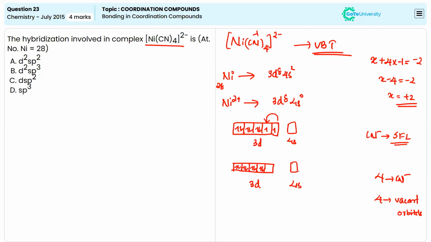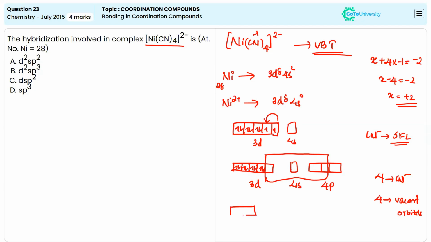In order to get 4 vacant orbitals, we have to use 2 more orbitals from the 4th shell. So 4s is already there, and we have to use the 4p subshell as well. In 4p we have 3 orbitals, but we need only 2. So one 3d, one 4s and two 4p orbitals will hybridize together.